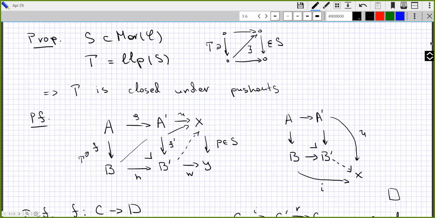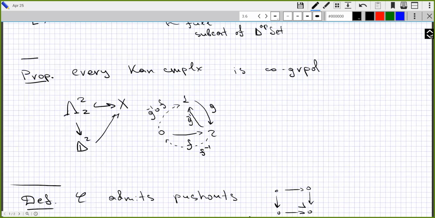We've already stated that in one direction, and that was quite trivial: every Kan complex got every morphism invertible, and therefore it is an infinity groupoid.